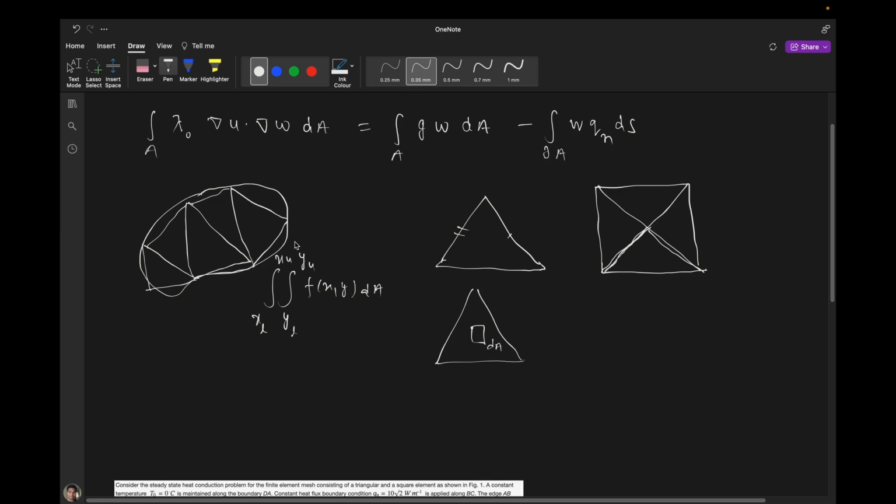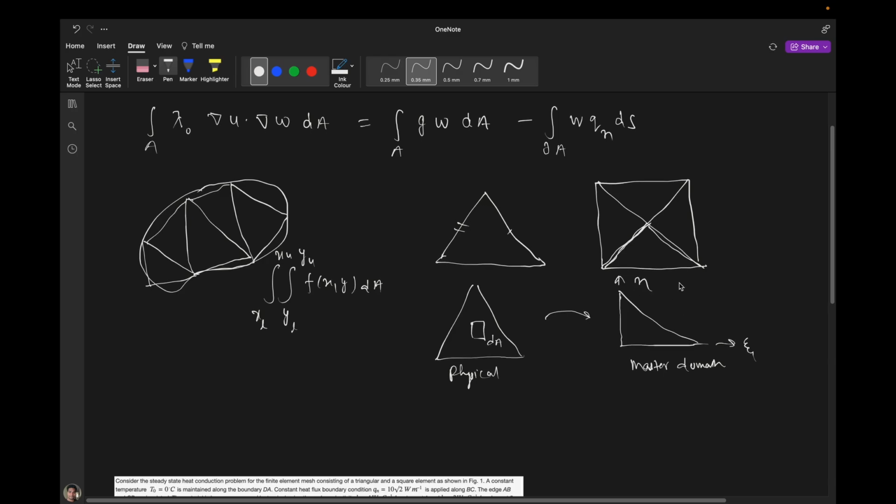and the physical domain of the triangle is something like this, and we want to convert this physical domain into the master domain, where on the x-axis it will be xi, and on the y-axis it will be eta.